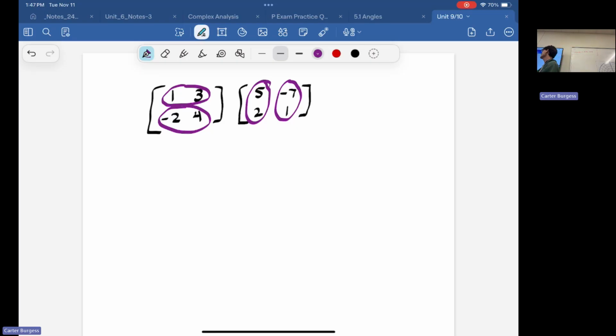We take the first component of each and multiply them, we take the second component of each and multiply them, and then we take the sum for each piece. What that gives us is the entry for a particular location in our matrix, determined by which row is being multiplied by which column.